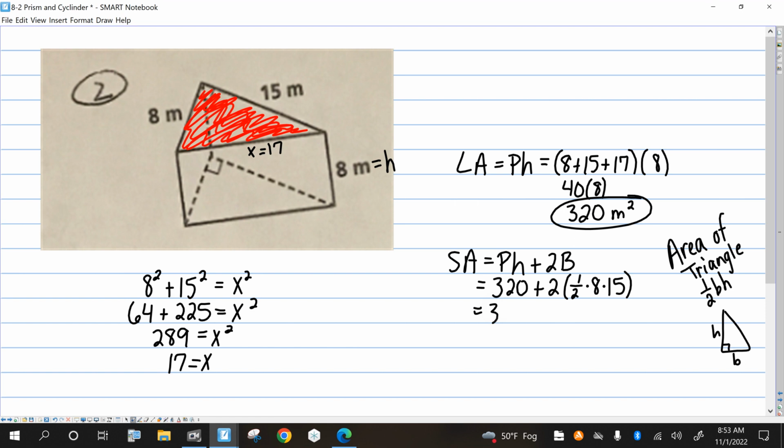Yes. And I'm just going to write it out again. If we found the area of the base, we would get 60, because 1/2 times 8 times 15 is 60, and 2 times 60 is 120, so 320 plus 120 is 440 what? Meters squared, because we're talking about area.